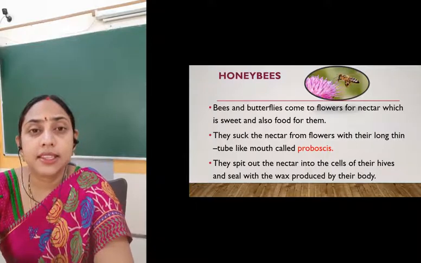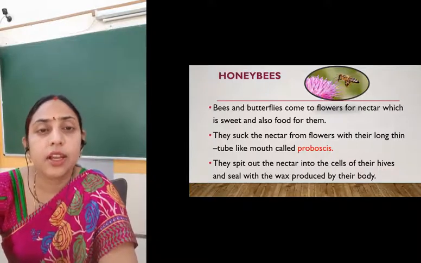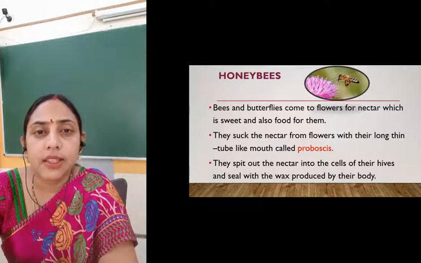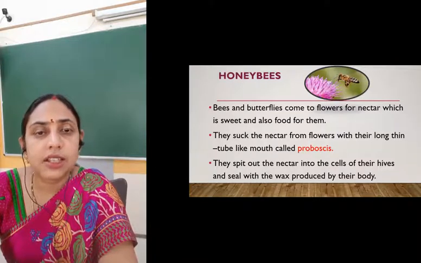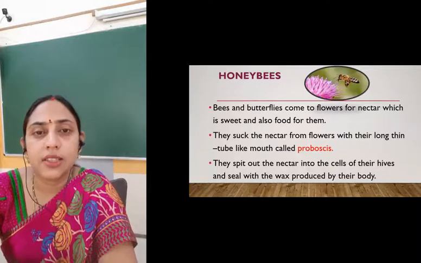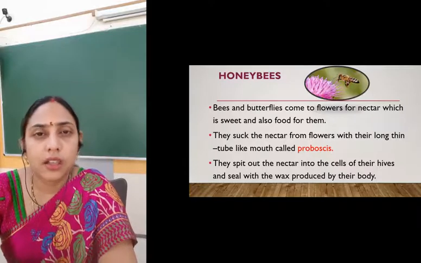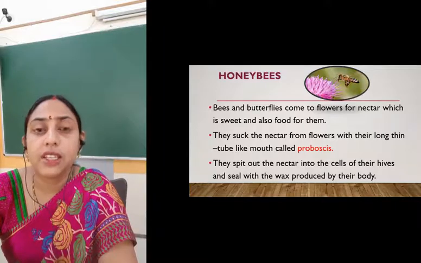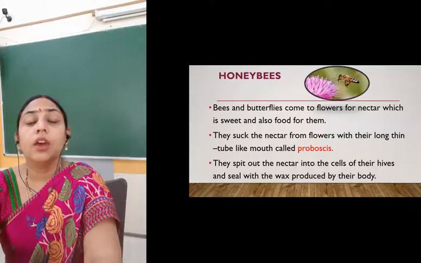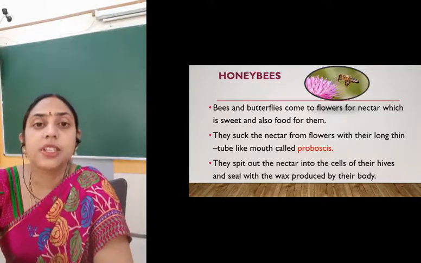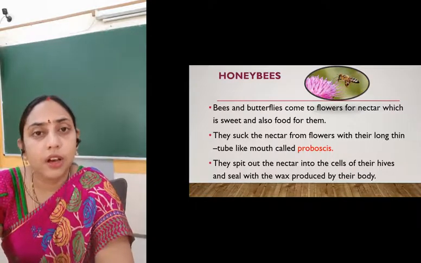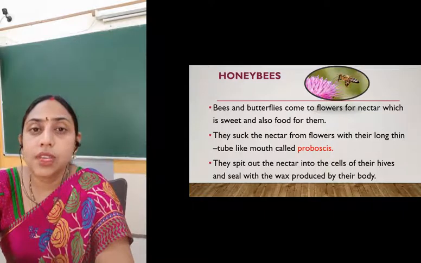Hexa means 6, so it is a geometrical structure with 6 sides. You might have studied in maths that 3 sides is a triangle, 4 sides is a square or rectangle, and 5 sides is a pentagon. In the same way, any geometrical figure with 6 sides is called hexagonal. Hexa means 6, right. So 6-sided cells.